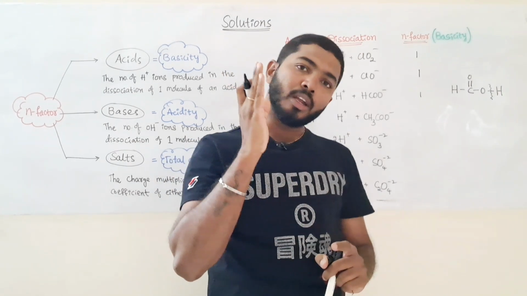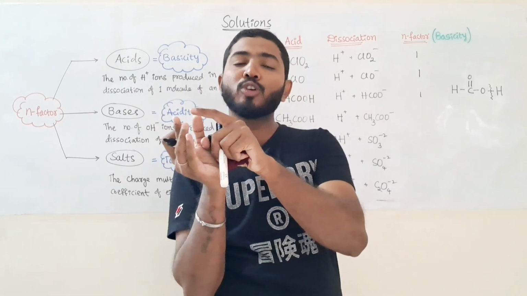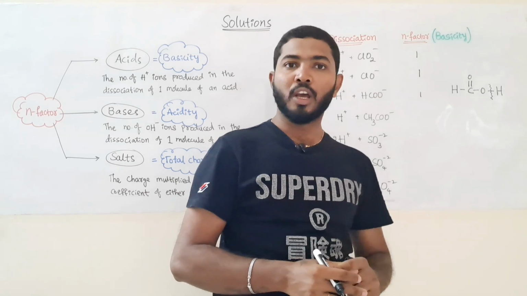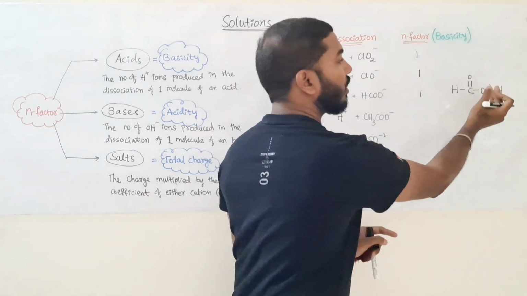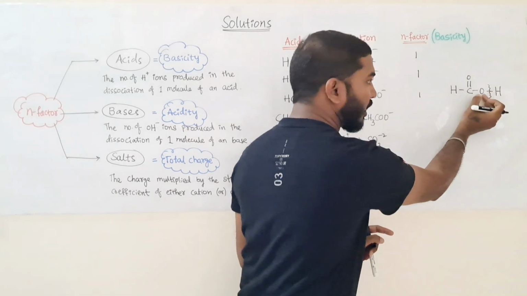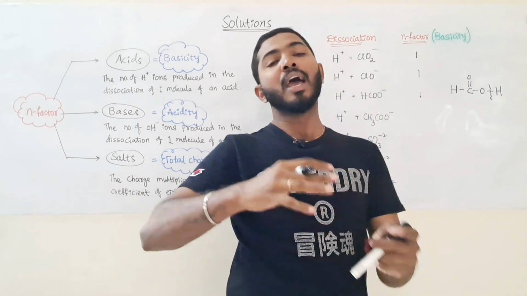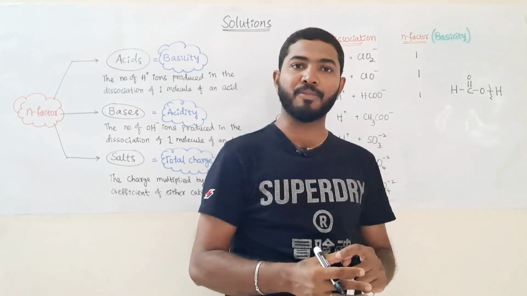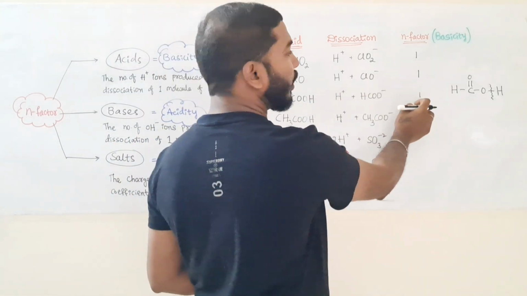That's why, not only in this case but in all cases, hydrogens attached to oxygens can easily undergo dissociation. So we have to consider only the hydrogens attached to oxygen, which can dissociate easily, in the calculation of n factor. Hope it is clear. So that's why the n factor for formic acid is going to be 1.